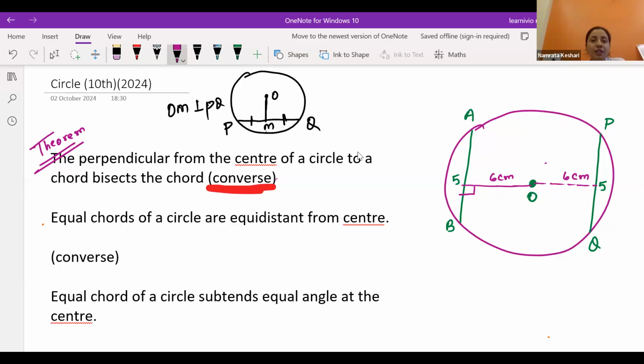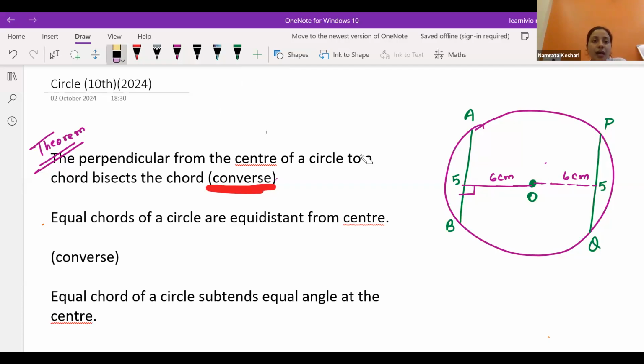And the converse is also true for this particular theorem as well. If you are having a random circle just like this, and in that circle you are having just two random chords, one chord over here, another chord over here, and these two chords are located at the same distance.